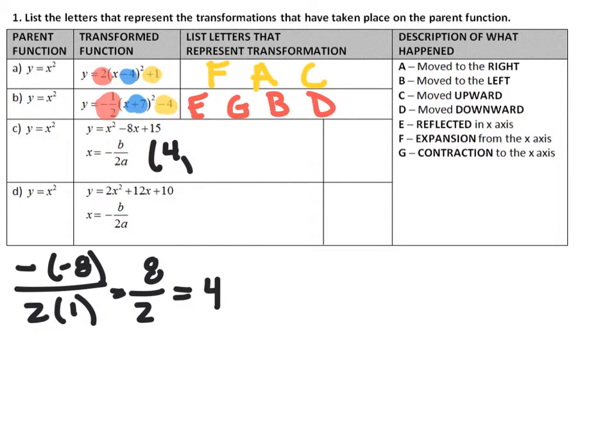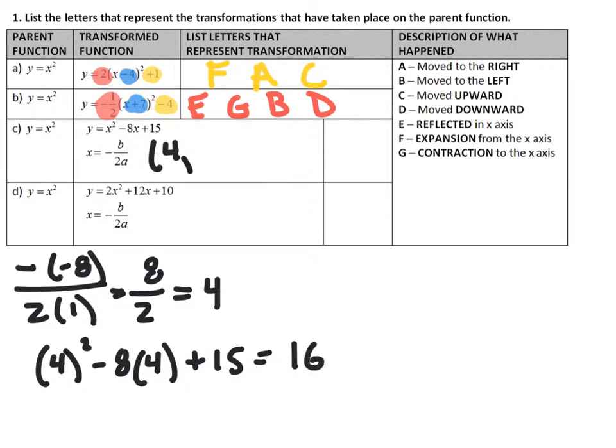So I'm going to plug that in and solve for the y's. I'm going to put in 4 squared minus 8 times 4 plus 15. And I get 16 minus 32 plus 15, which gives me -1. So my vertex is at 4, -1.